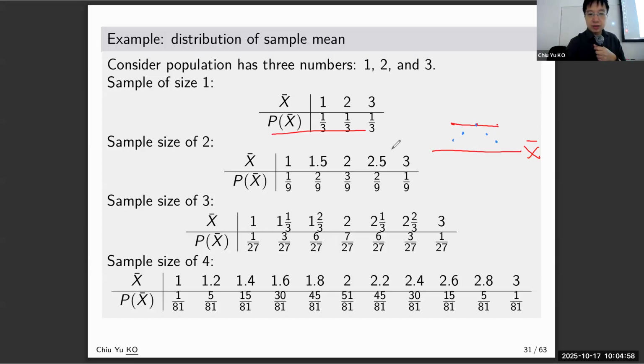This is the case of two. And if you do three, you plot it out and it looks like this.